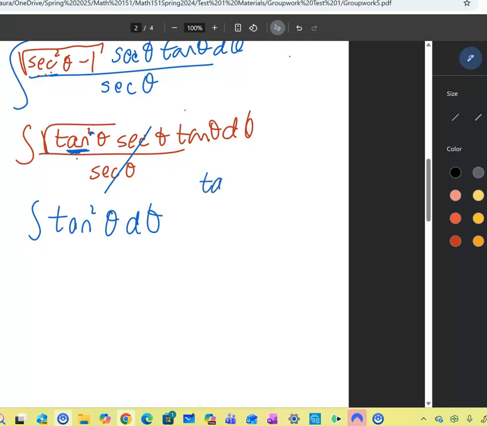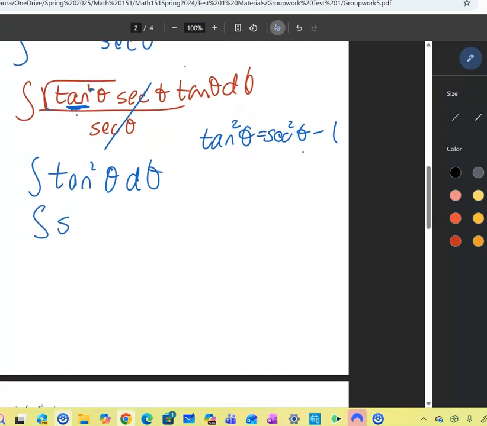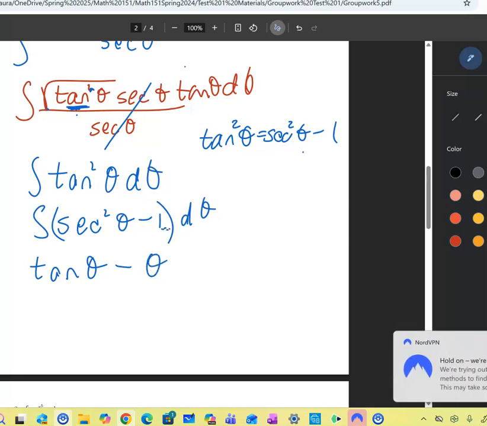Again, using this identity, tangent squared theta is equal to secant squared theta minus 1. I just substitute that in: secant squared theta minus 1 d theta. Now I'm going to take the antiderivative, so that's tangent of theta minus, and be careful, the antiderivative of 1 is theta because it's d theta.